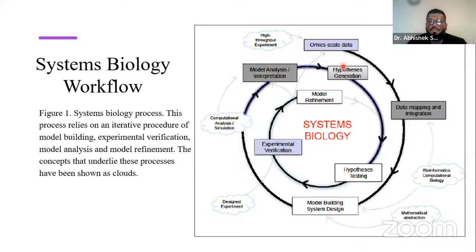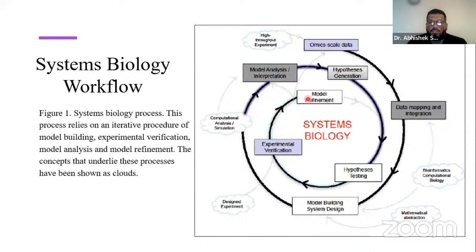From analysis and interpretation, we come out with hypothesis generation, then hypothesis testing. So we do the testing of the hypothesis, and you see that modeling and experimentation go hand in hand. It's not solely computational in nature, but we need experimental data to validate it at every step, right? It starts with experimental data, but in between there are various sections where we also use experimental data to keep validating it.